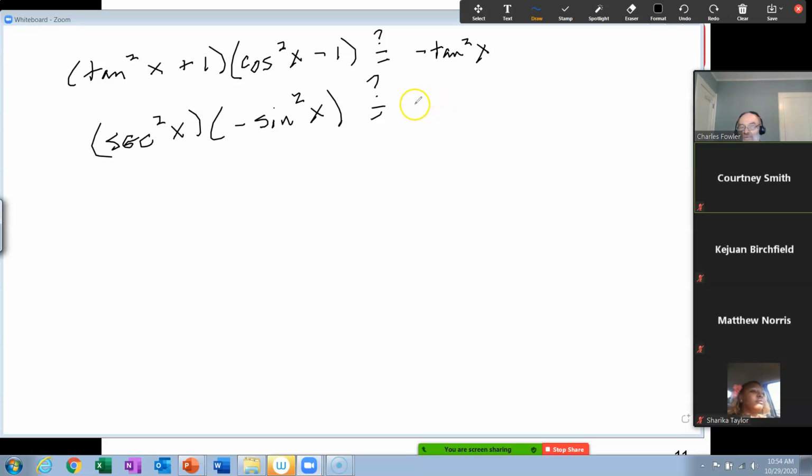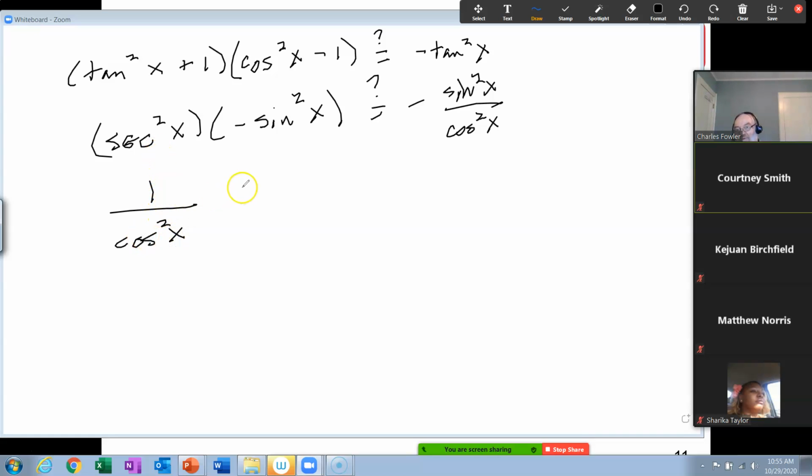Well, you know what I want to do? I want to get this in terms of sines and cosines. So let's write that as minus sine squared x over cosine squared x. Now, let's get this one in terms of sines and cosines. This is 1 over cosine squared x, your reciprocal identity.